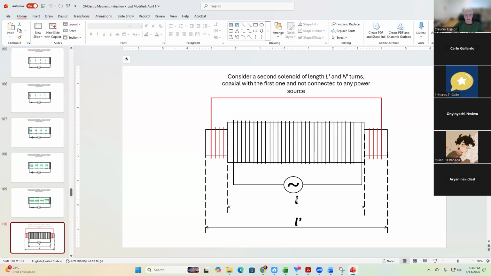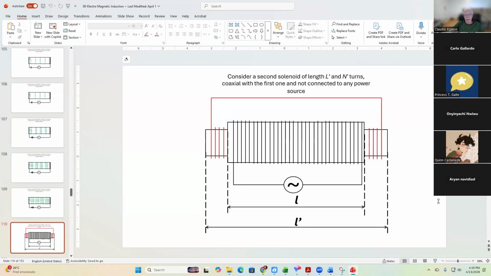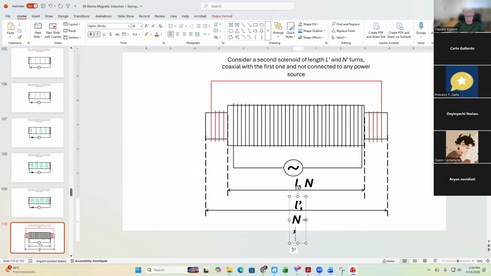The primary solenoid has a length L. The secondary solenoid has a length L prime. This primary solenoid has N turns, and the secondary solenoid, we're going to need that, has N prime turns.